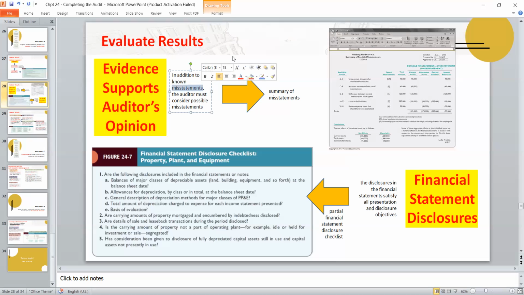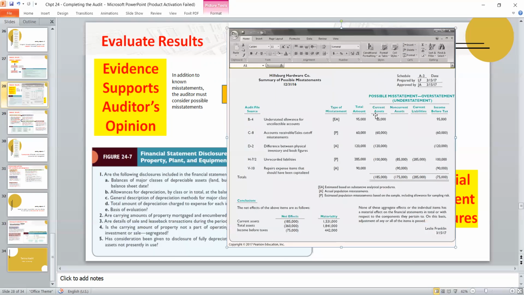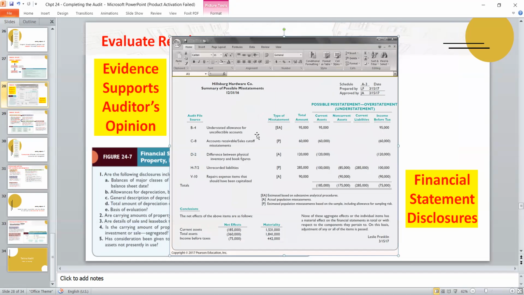If there are many misstatements, of course, you cannot have the unmodified opinion. You will have the modified opinion. Because of that, you need to have the summary of the misstatement like this. This is the summary of the misstatement.